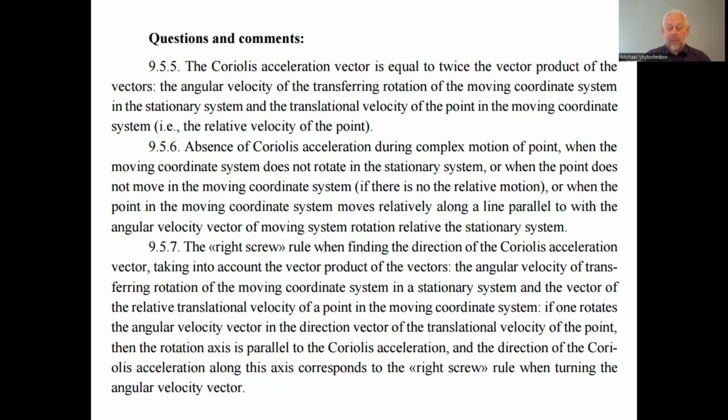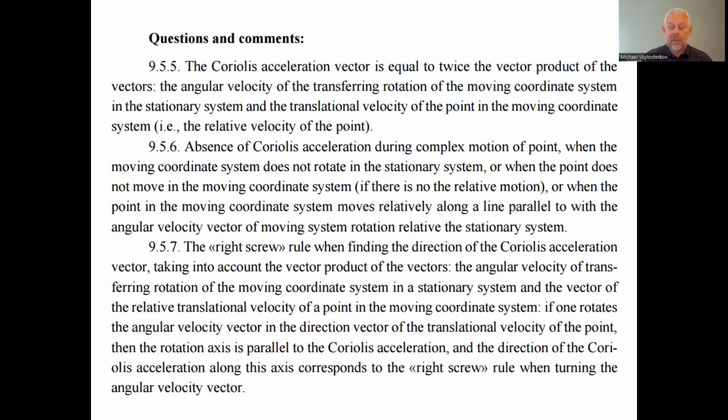If one rotates the transfer angular velocity vector toward the direction of the relative translational velocity vector of the point, the rotation axis is parallel to the Coriolis acceleration, and the direction of the Coriolis acceleration along the axis corresponds to the right screw rule when turning the angular velocity vector.